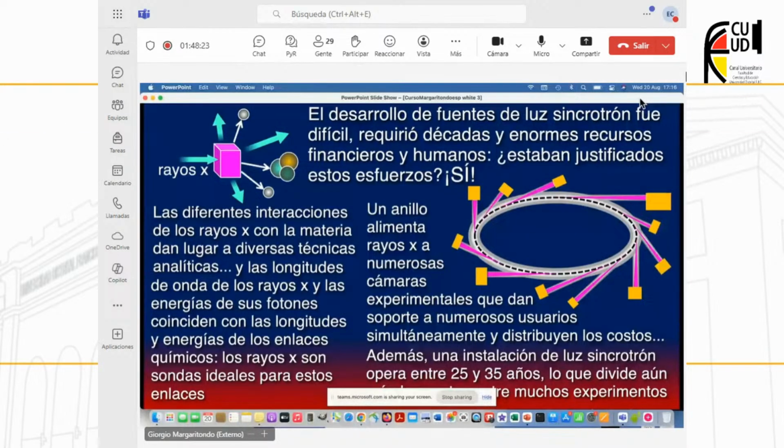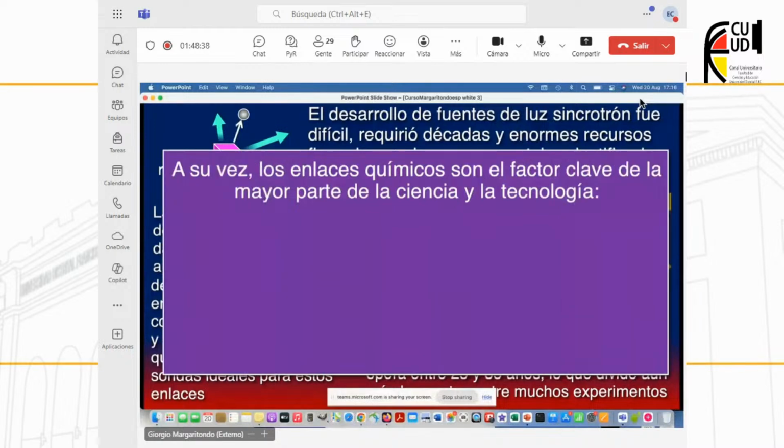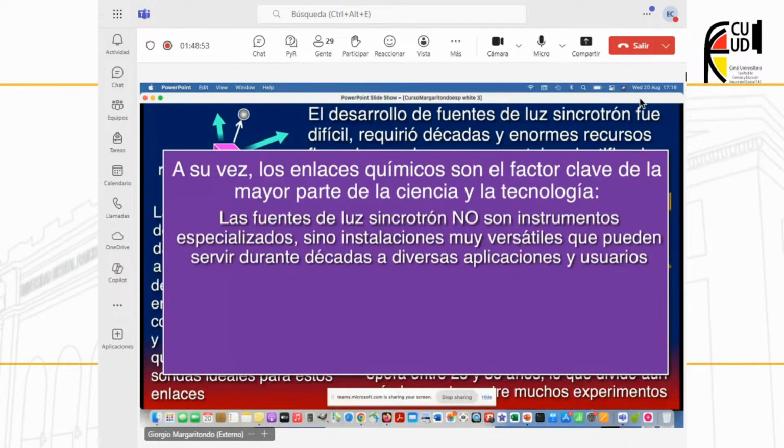And so X-rays, in particular those coming from synchrotron sources, are the best probe of chemical bonds. And if you analyze today what we are studying in science and technology, with very few exceptions, we are talking about problems that are directly or indirectly related to chemical bonds. And so that's an important conclusion, because a synchrotron, a storage ring, is not a specialized instrument. It's not something that has been built only for one technique or for a subset of techniques.